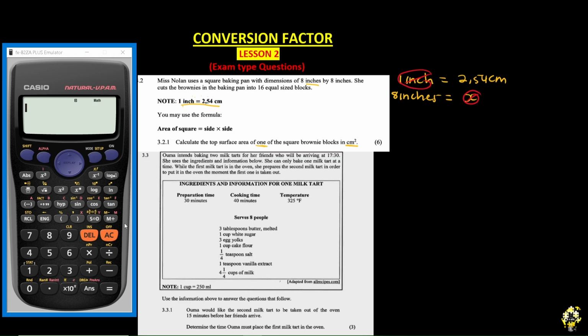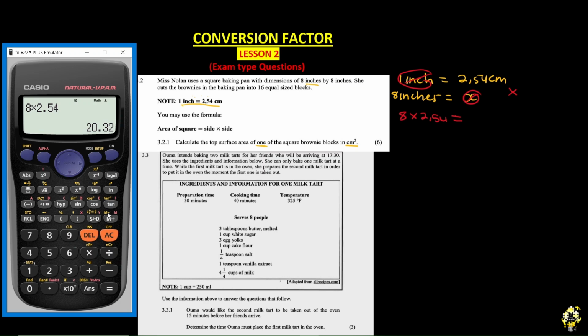When the numbers sit across from each other, we multiply. When they're on the same side, we divide. So now we are going to say 8 multiplied by 2.54. And let's go to our calculator. So 8 multiplied by 2.54, and let's change that.